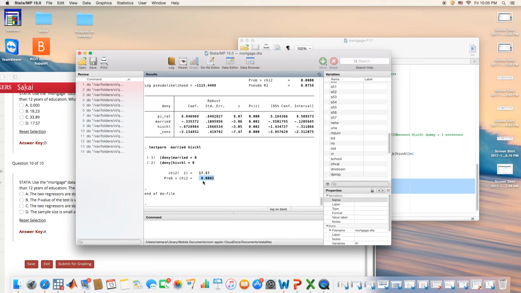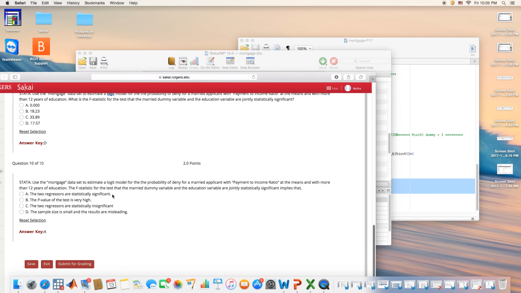So there is a very small probability that these two coefficients are equal to 0. In other words, these two coefficients matter in my regression. They are jointly statistically significant, so I need them in my regression. So the answer is right here. The two regressors are statistically significant.